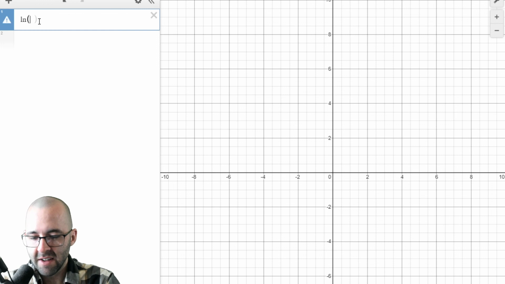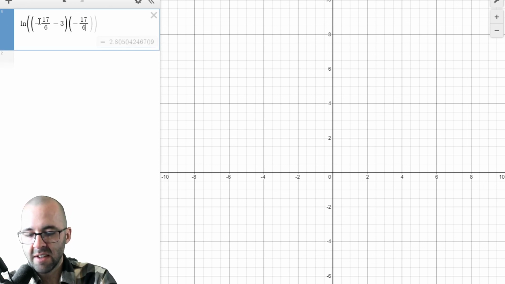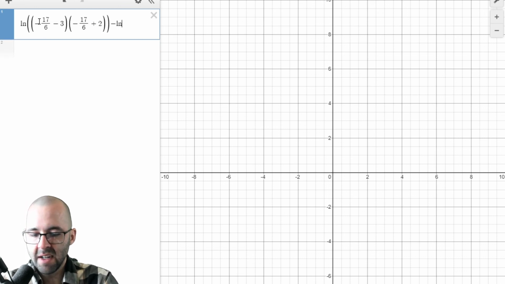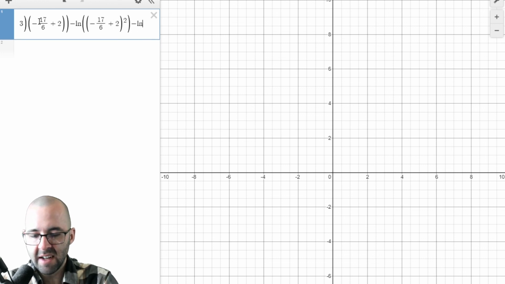Is the natural log of negative 17 over 6 minus 3 times negative 17 over 6 plus 2, that natural log minus the natural log, negative 17 over 6 plus 2 squared, minus the natural log of 7.